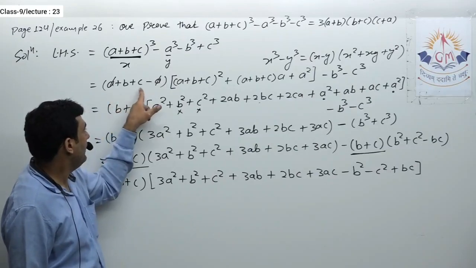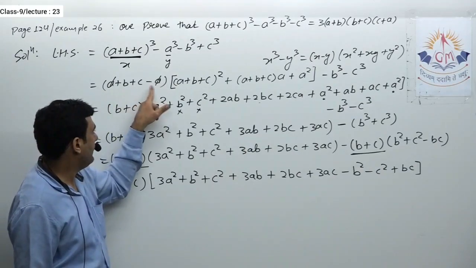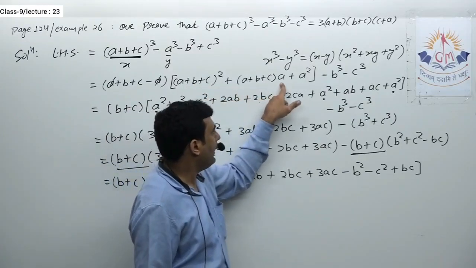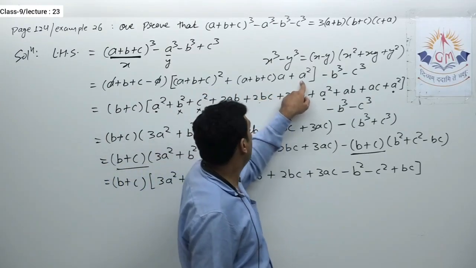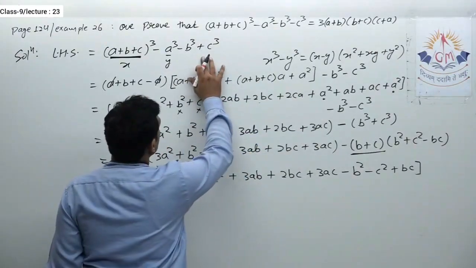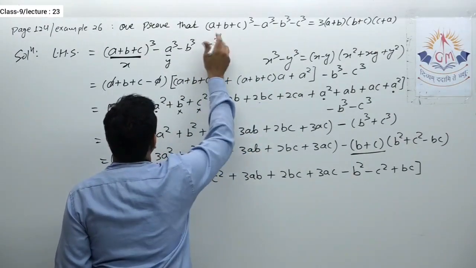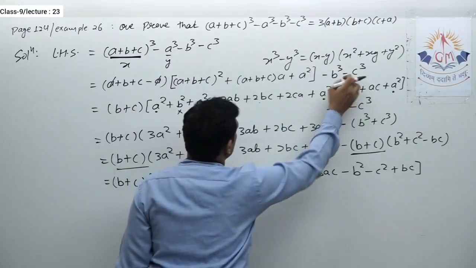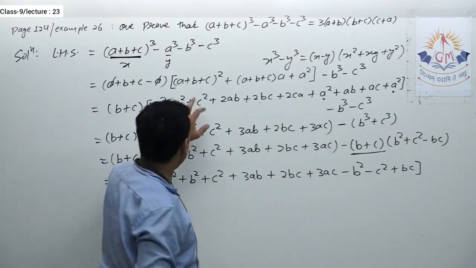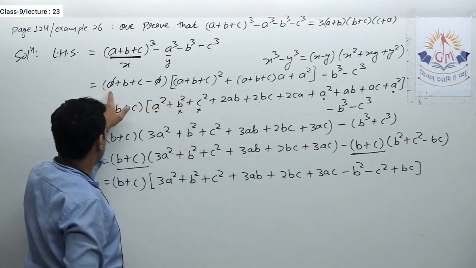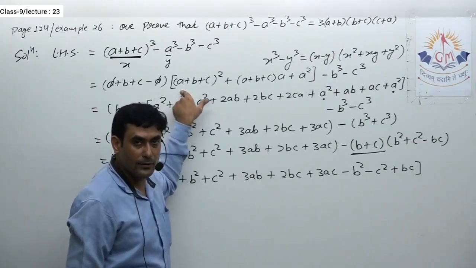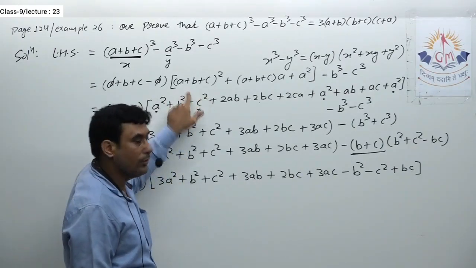So x minus y, then x square plus x into y plus y square, and then I wrote the remaining terms as it is, that is b cube minus c cube. Then over here this plus a minus a I cancel out, so I am left with b plus c, and here I applied the identity of (a + b + c) whole square.